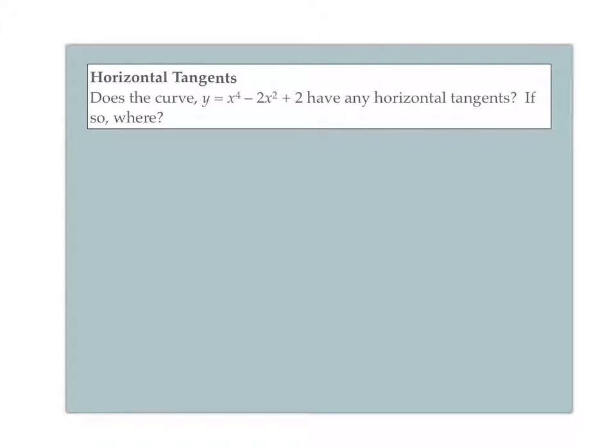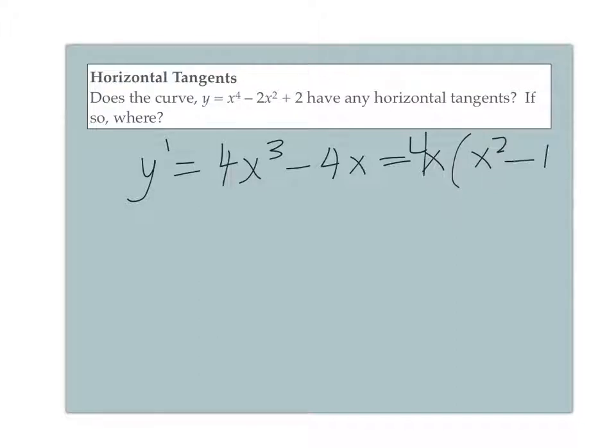But really, what you would do is find y prime, and it's 4x cubed minus 4x. Which factors? 4x would even be better, times x squared minus 1, which is 4x times x plus 1, x minus 1.